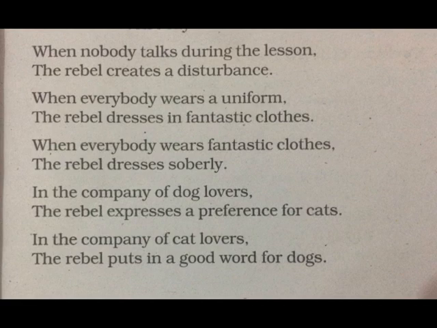When the rebel finds himself in the company of dog lovers, he begins to prefer cats. On the other hand, when surrounded by cat lovers, he puts in favorable words for dogs. His preferences and choices never seem to match with anyone else in the group.